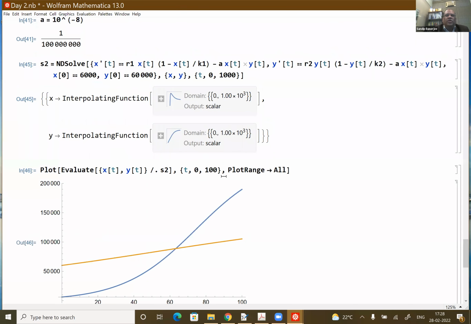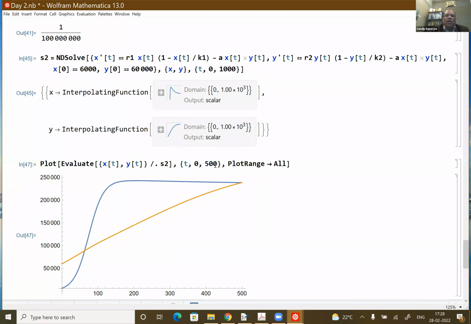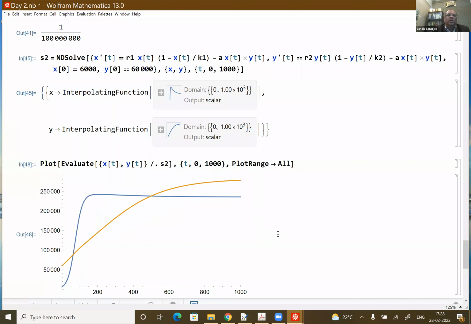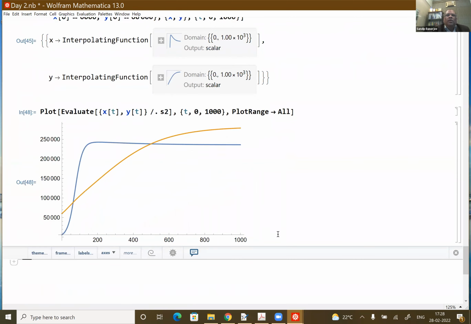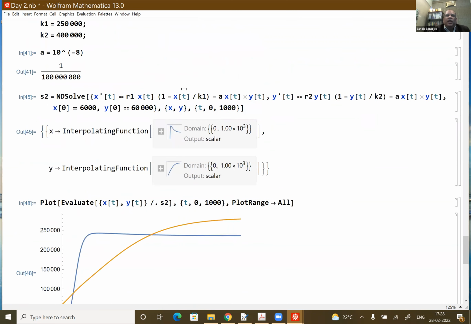Say let's make it 500, and we want to make it 1000, and it's like this. So this is actually something called a competition model. X is one species, Y is another species, and one of them is starting with 6,000, another with 60,000. So this is your 6,000.